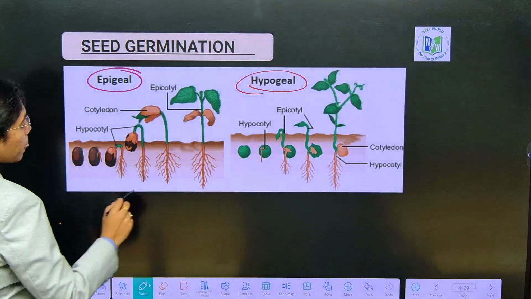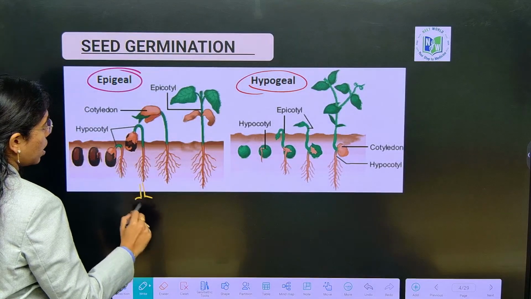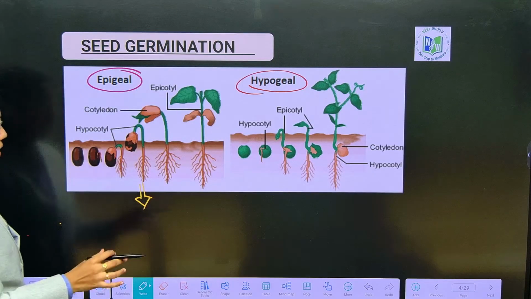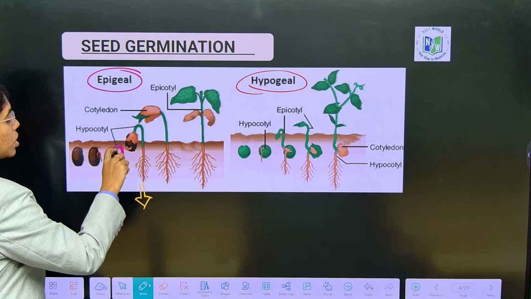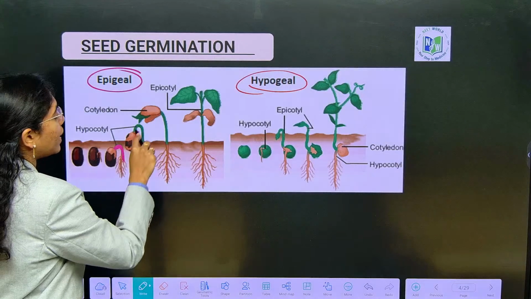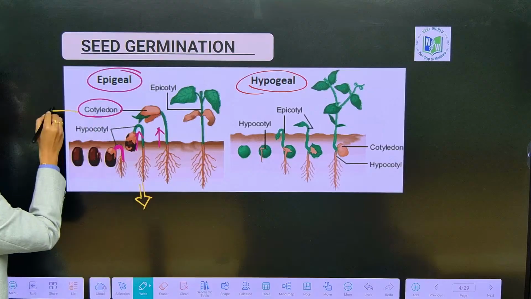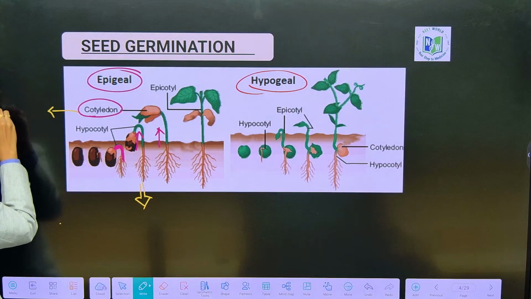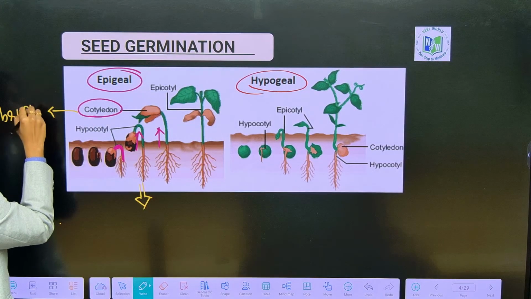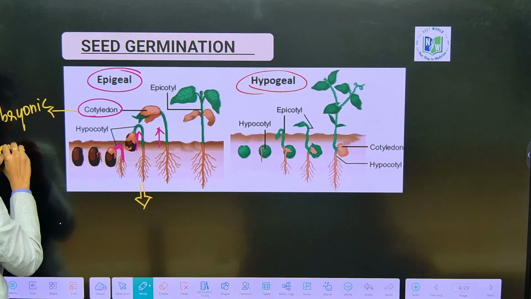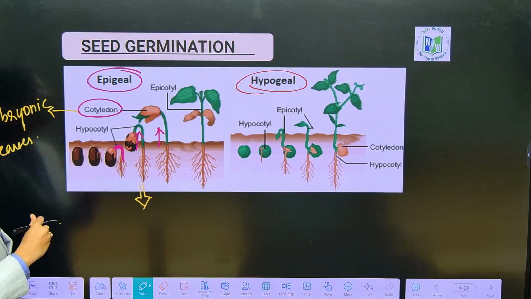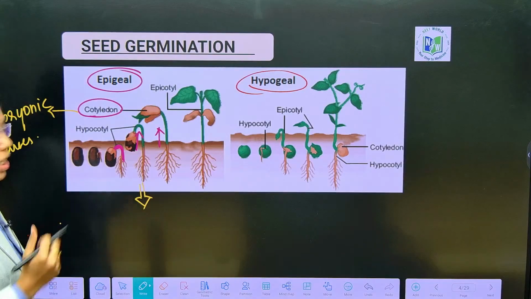Epigeal seed germination is observed in those seeds wherein hypocotyl emerges first and cotyledons will rise above the soil. Cotyledons are addressed as embryonic leaves, which will provide the required nourishment during the time of seed germination.